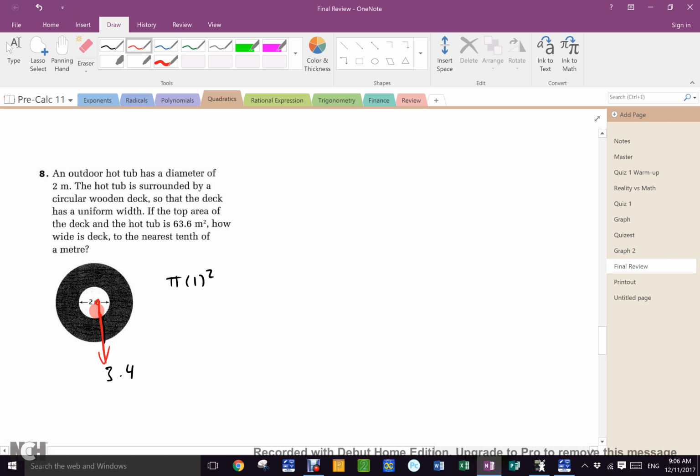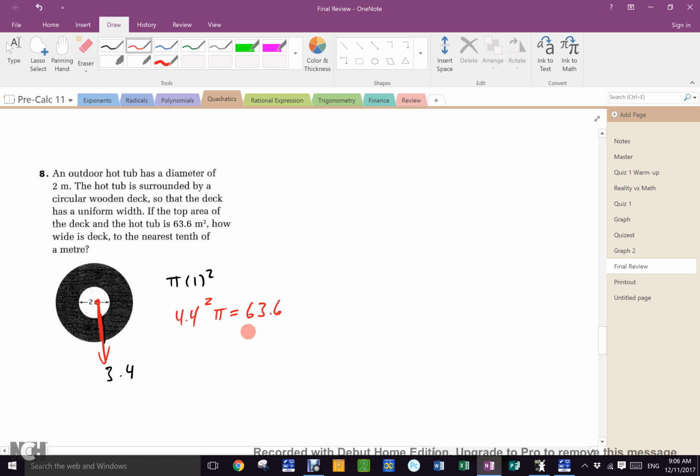Which means this whole red line would be 4.4, correct? Which would mean that 4.4 squared times pi would equal 63.6. Does it? It does, doesn't it?